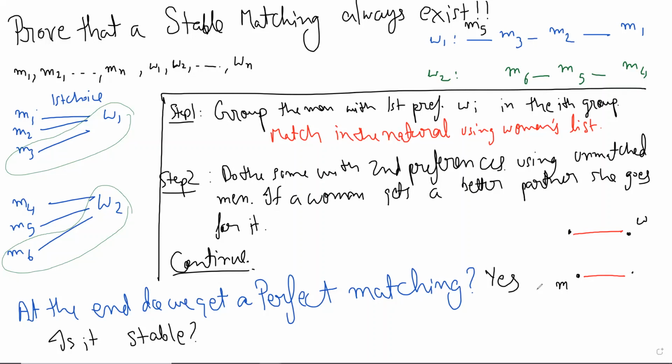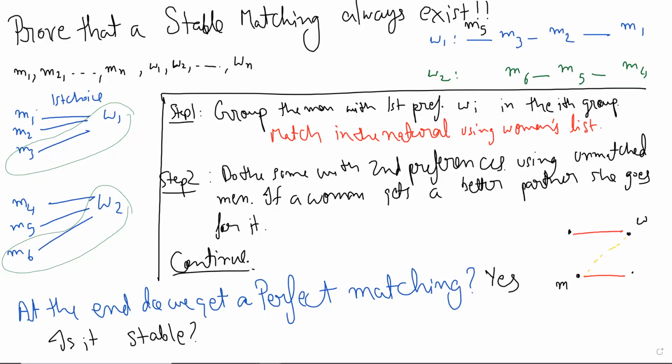And it has to do with this only, that the woman's partner is improving. And yeah, so I think what you said was perfect. I don't think we have to change it. Yeah, you're right. So, if this cannot be blocking, because it means then that W prefers M more, right?